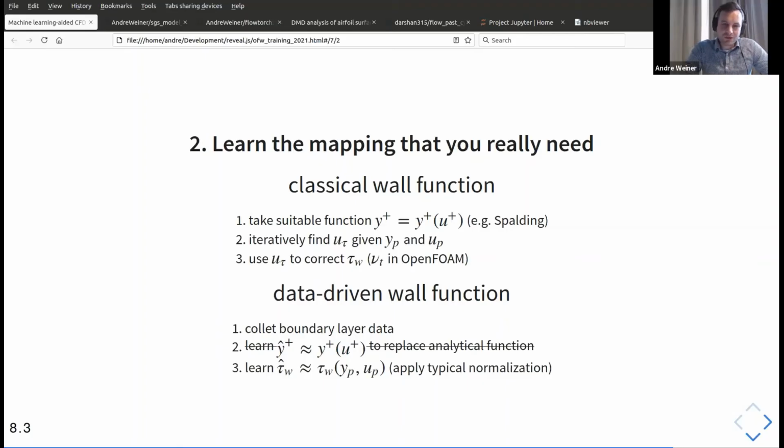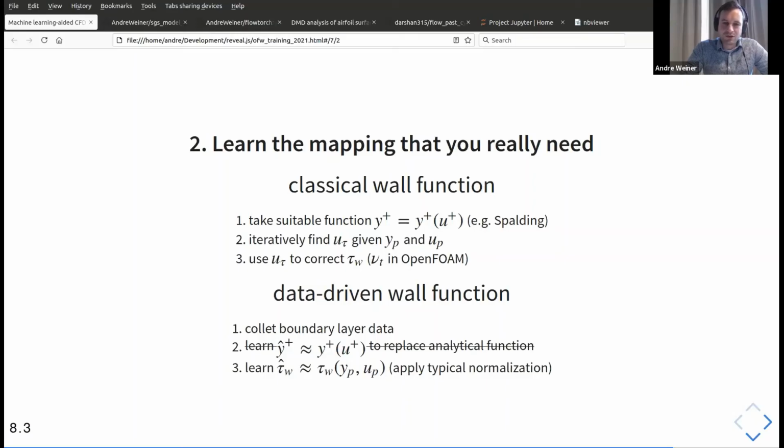What you do there is take an analytical relationship coming from boundary layer theory, for example Spalding's function. This gives you a relationship between y plus and u plus, so the dimensionless distance to the wall and the dimensionless velocity.